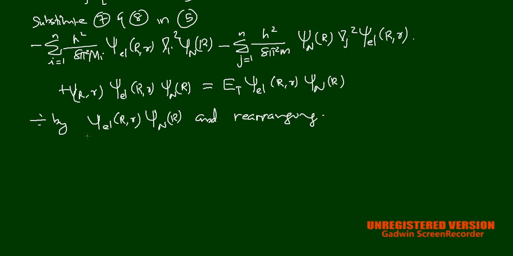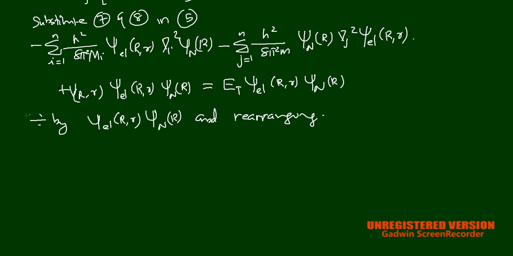So let us divide all the terms, but the first term will be taken over to the other side. The first term, on the left hand side, will go to the right hand side, so its negative sign will become positive.